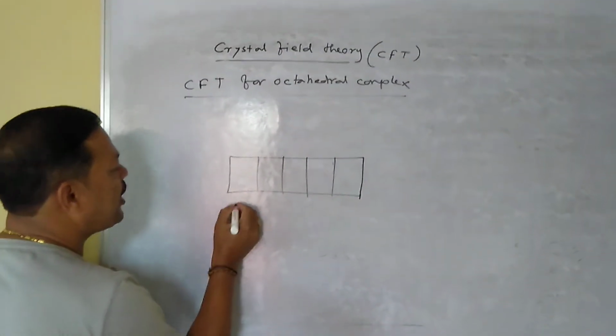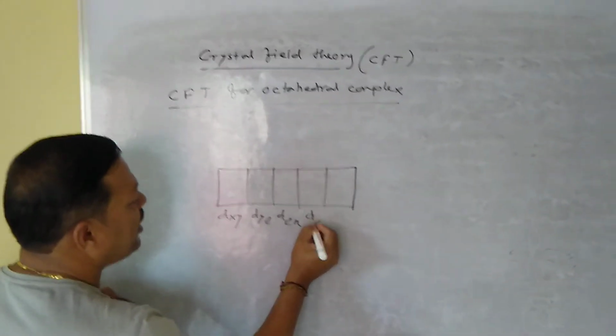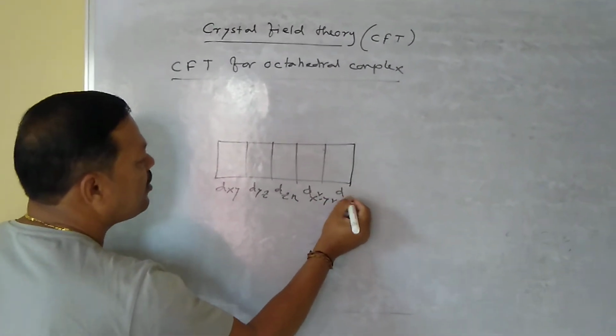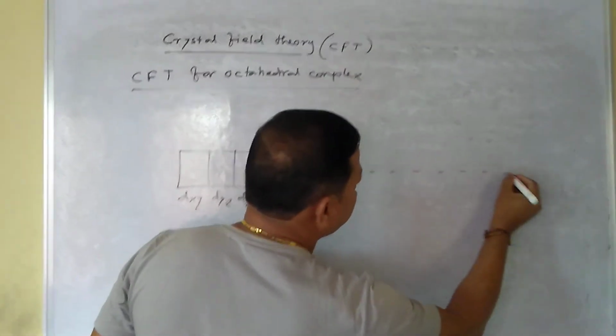These are dxy, dyz, dzx, dx square minus y square and dz square, and they have equal energy.